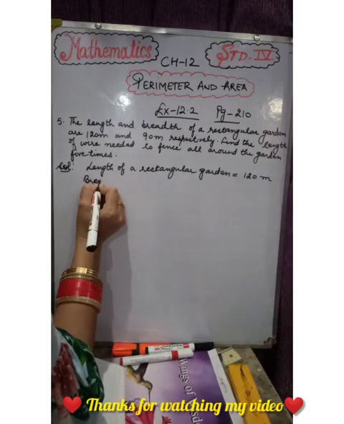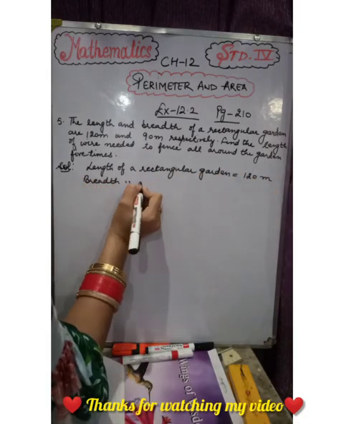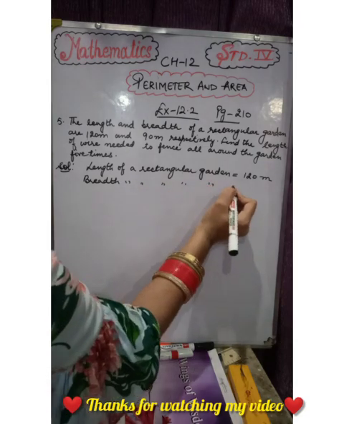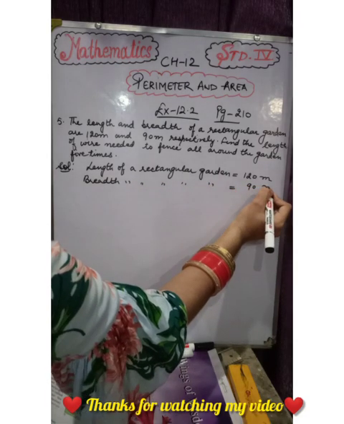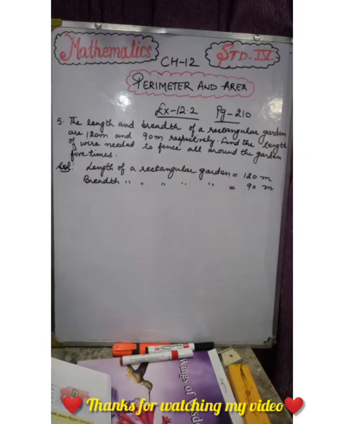Breadth of a rectangular garden is 90 meter. When length and breadth is given, it means we need to calculate the perimeter of rectangle, and we'll use the perimeter of rectangle, that is 2 into L plus B. But check the question, what is asked. It is asked here perimeter, to calculate the perimeter.